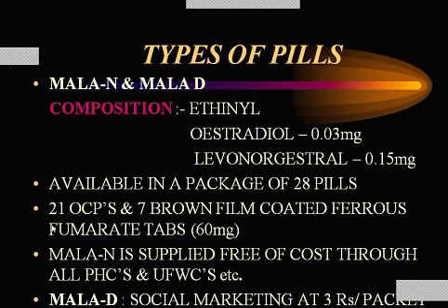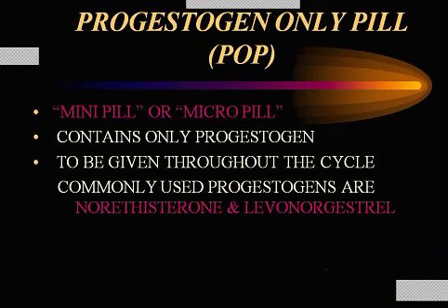It is available in a package of 28 pills: 21 OCP pills and 7 brown coated ferrous fumarate tablets containing 60 milligrams of ferrous fumarate. Mala N is supplied free of cost to all primary health centers and urban family welfare centers, and Mala D is available through social marketing at a cost of 3 rupees per packet.